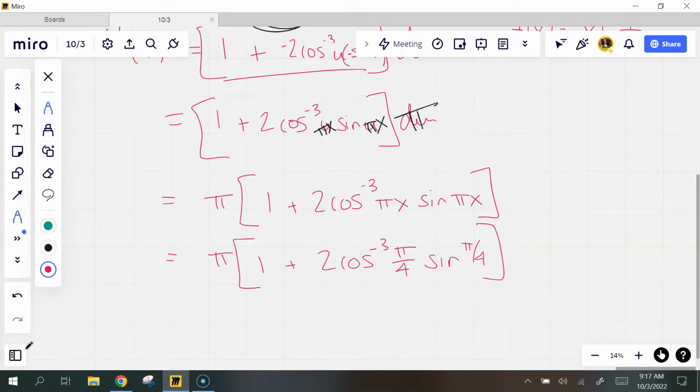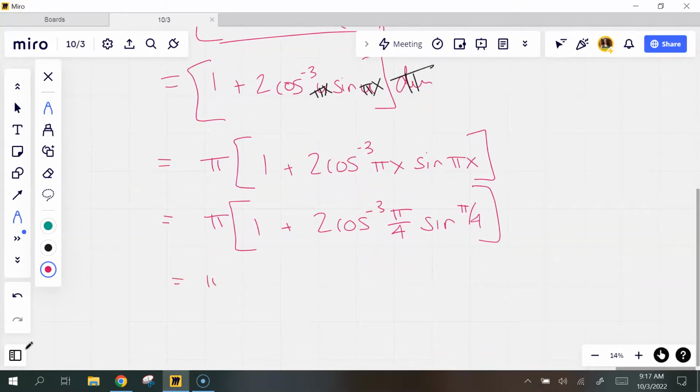Pi over 4 is nice because that's just root 2 over 2. First quadrant, everybody's positive. So what is the cosine of pi over 4?